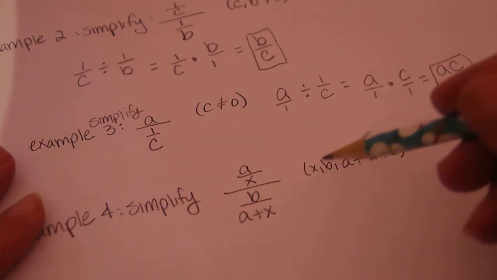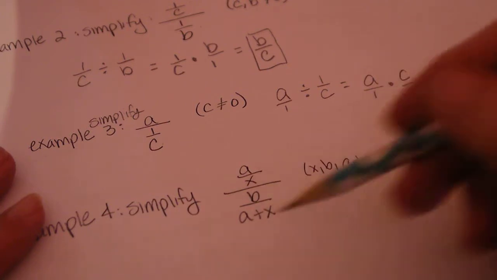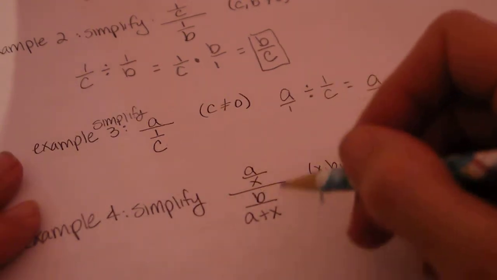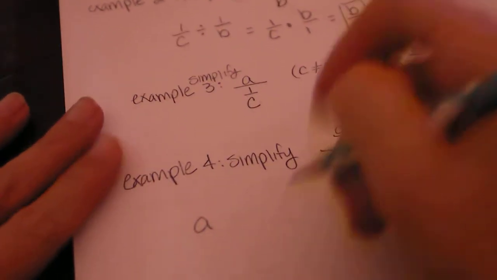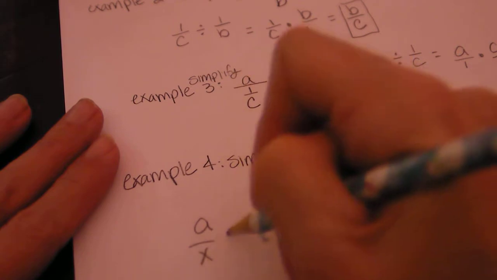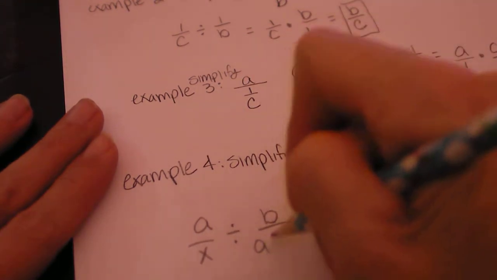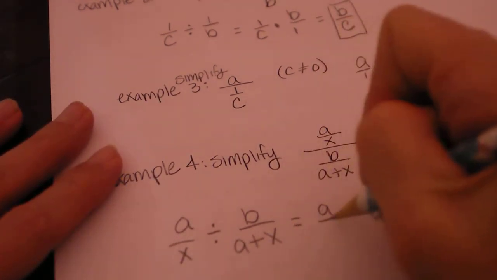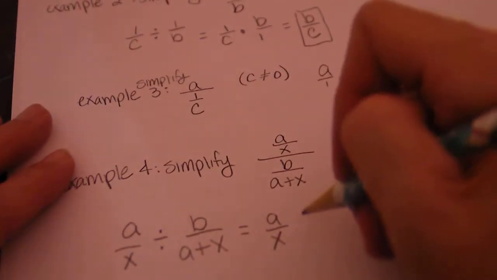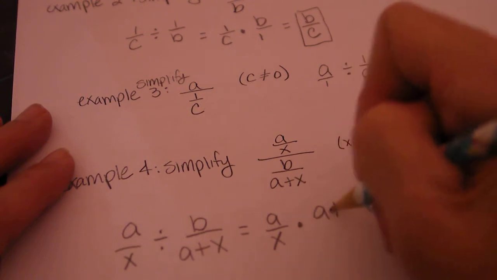Now it gets a little bigger because we've got more stuff going on. Look at all these restrictions. a plus x can't equal 0, b can't equal 0, and x can't equal 0. So there's a lot going on there. Let's unpack this. That's going to be a over x divided by b over a plus x, which is the same as a over x times the reciprocal.